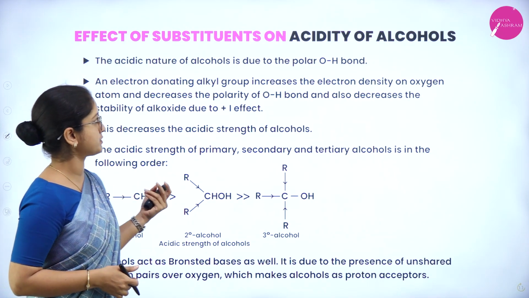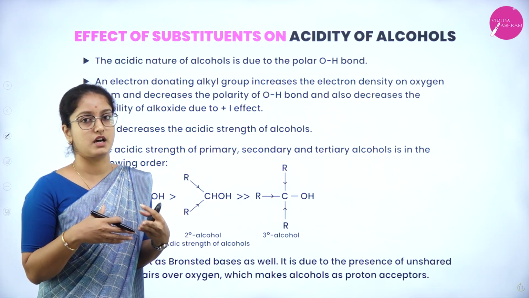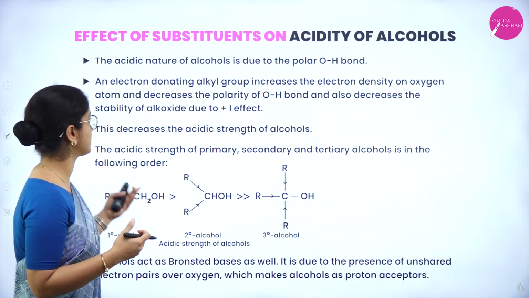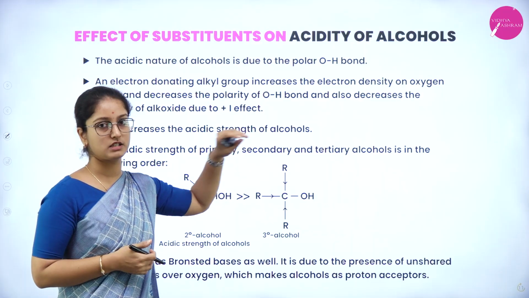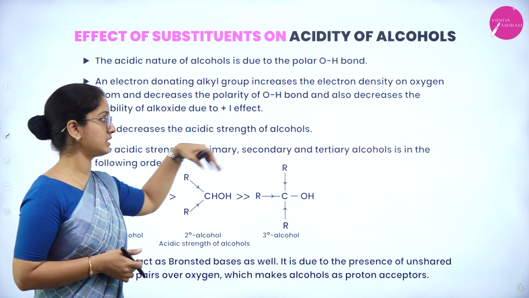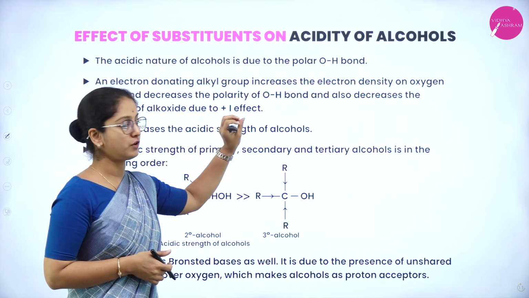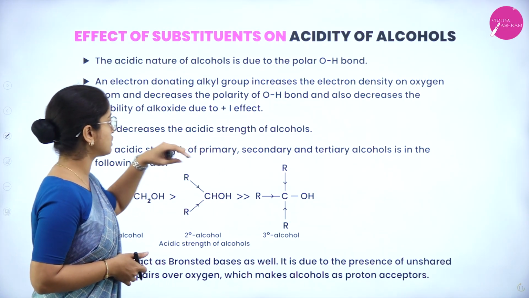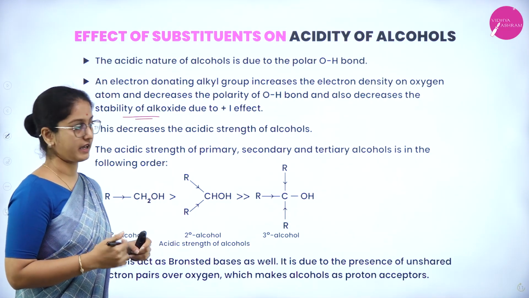Next is the effect of substituents on the acidity of alcohols. What happens if substituents are there in the alcohol groups? The acidic nature of alcohols is due to the polar OH bond. An electron donating alkyl group increases the electron density on oxygen, decreases the polarity of the OH bond, and also decreases the stability of the alkoxide due to the plus I effect.